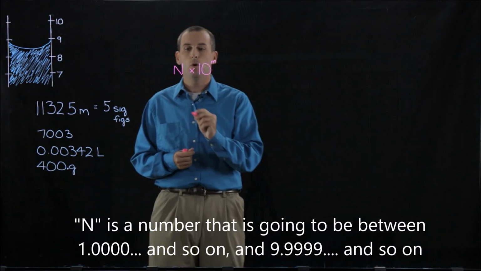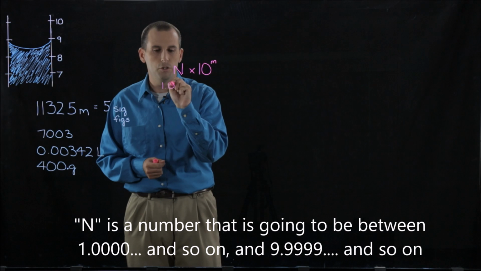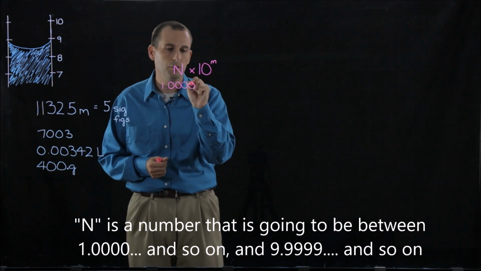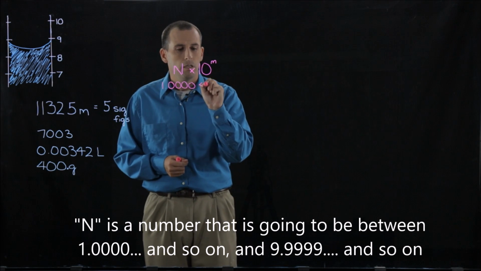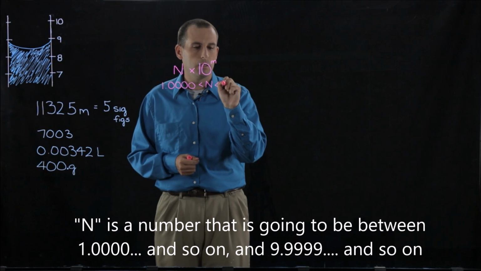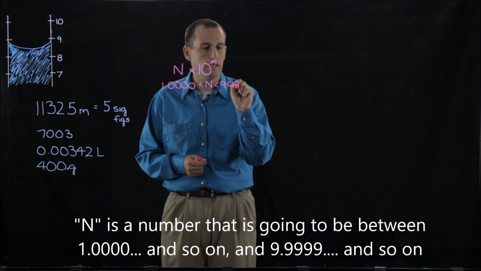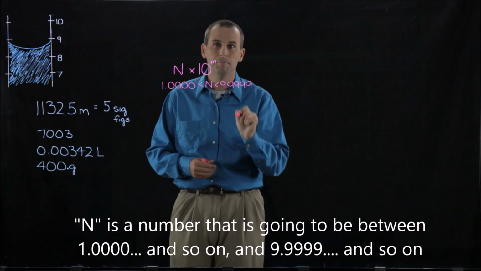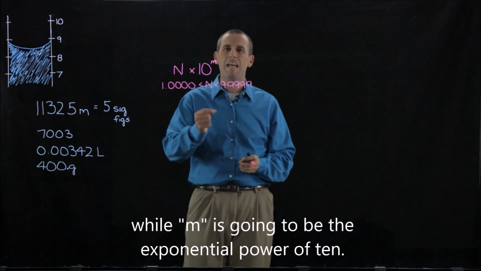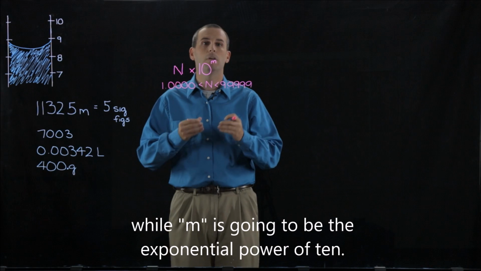N is a number between 1.0000 and so on, and 9.9999 and so on.